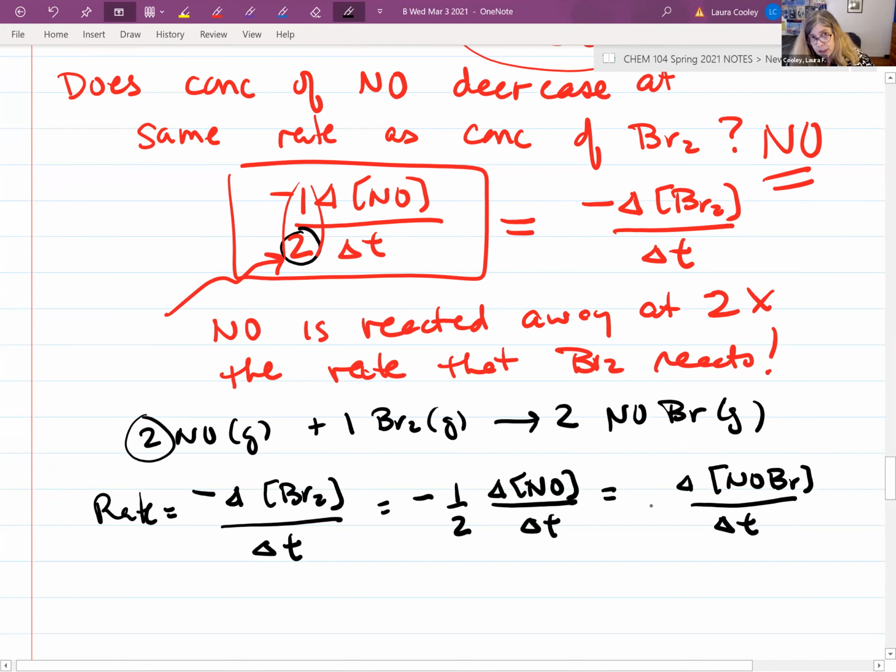Notice I do not put a negative sign here because this is forming. So to make it positive, I just leave it alone. I put these negatives here because these concentrations are both going down and I want to make the rate positive. So what would I have to put in front here? Right, this NOBr is forming at twice the rate that the bromine is going away. So I have to what?